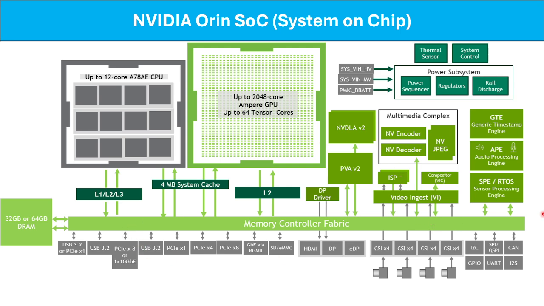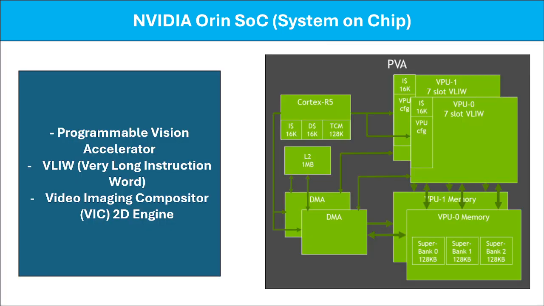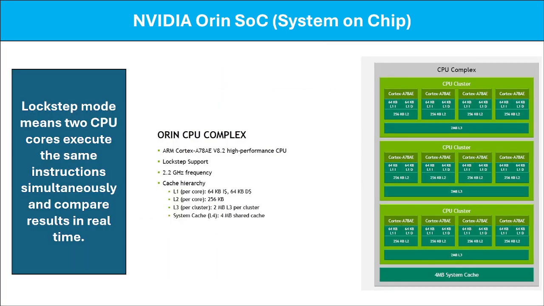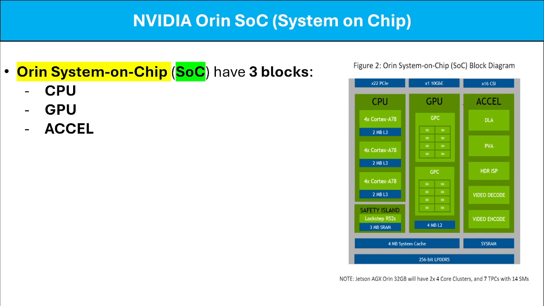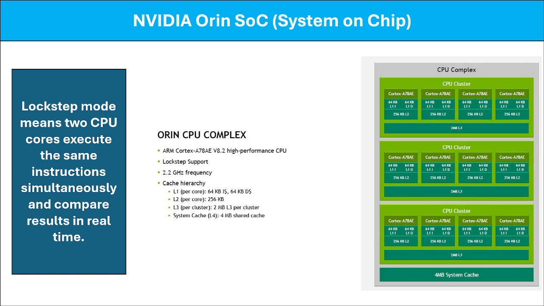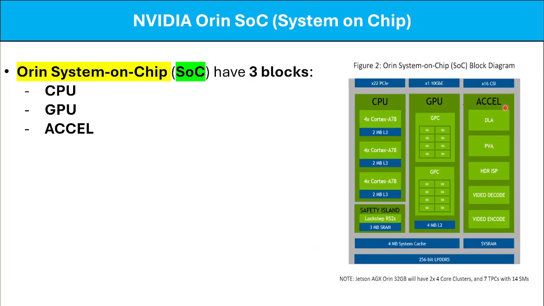So, nothing more to add. This is just a short review. I hope it was a short review of elements which are part of the Orin system on chip. And we will later go into the details about these components which are mentioned here.